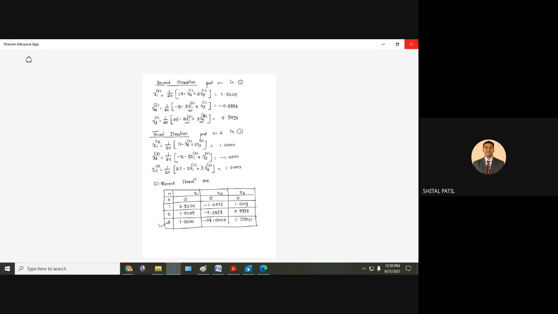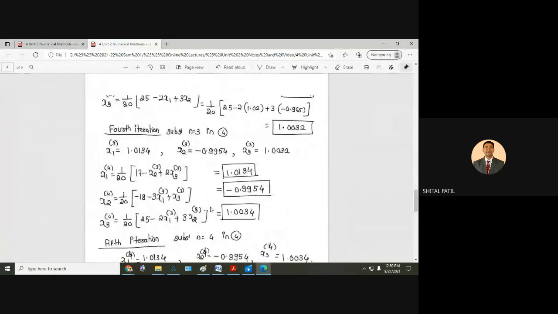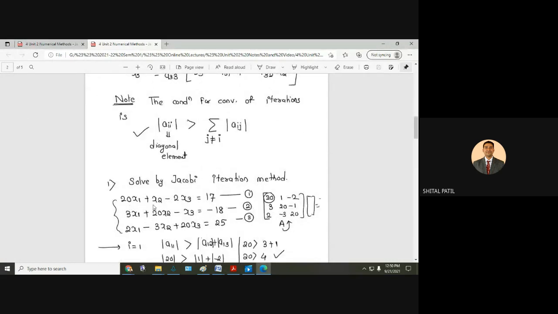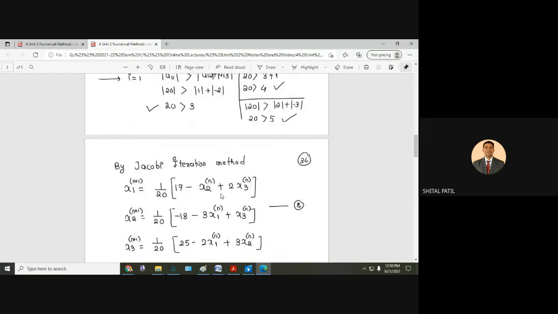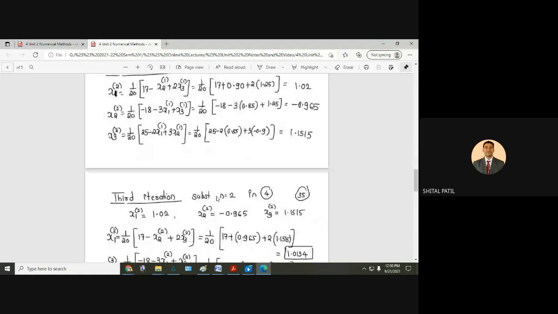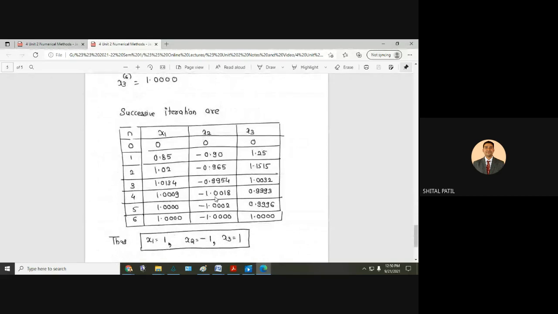Okay, completed? Now see the answer that we obtained in the previous lecture. This was the example, same example: 20x1 plus x2 minus 2x3 equal to 17, minus 18, plus 25. Then we obtained 0th iteration, first, second, third, fourth, fifth, sixth. We got the answer in the 6th iteration: 1, minus 1, 1.